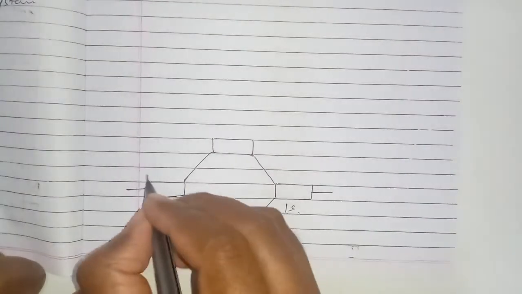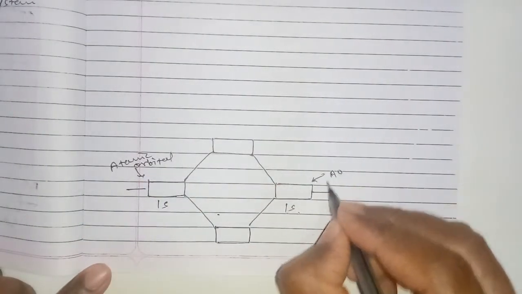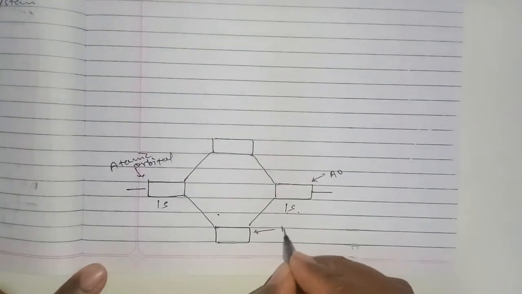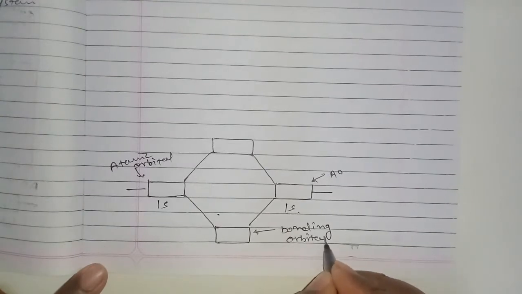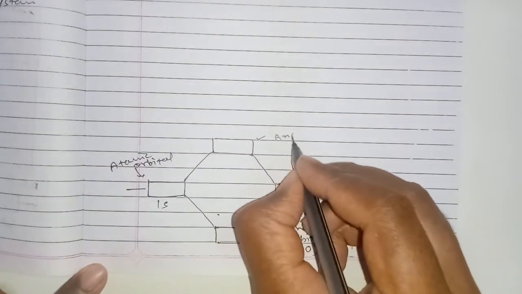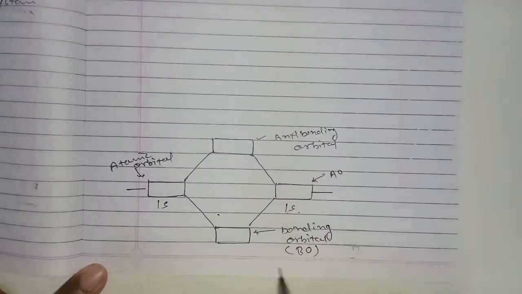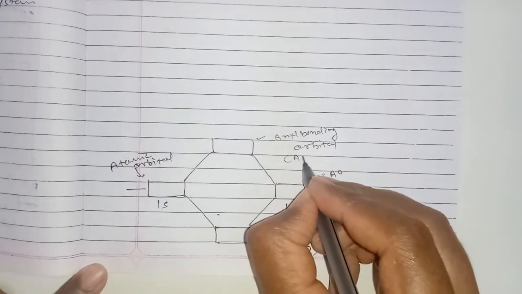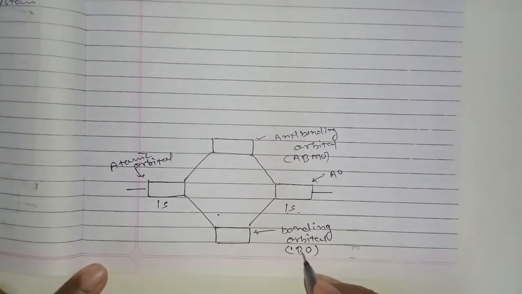Here is an atomic orbital, this is also an atomic orbital, this is the bonding orbital, BMO, and this is the anti-bonding molecular orbital, ABMO, or this is BMO, bonding molecular orbitals.